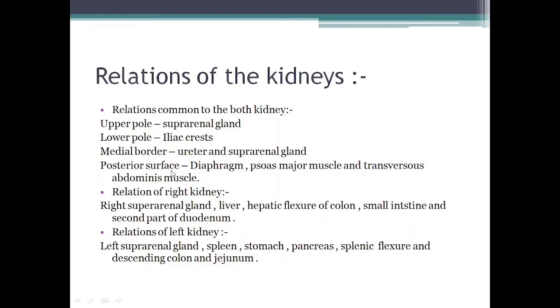The posterior surface relates to the diaphragm, psoas major and transversus abdominis muscles. Relations of the right kidney: right suprarenal gland, liver, hepatic flexure of colon, small intestine and second part of duodenum. Relations of the left kidney: left suprarenal gland, spleen, stomach, pancreas, splenic flexure, descending colon and jejunum. This is about the relations of the kidneys.